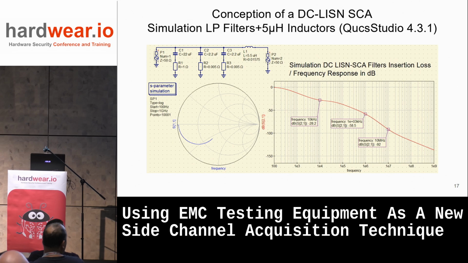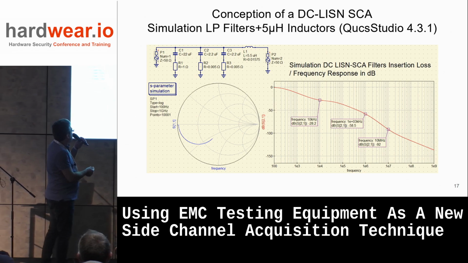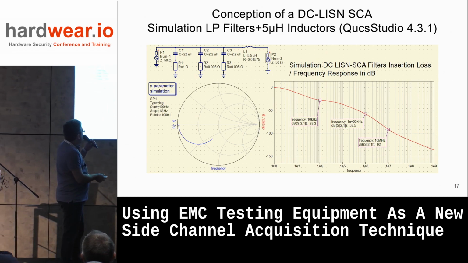We start at 0 because it's DC, so we want all the power to power the DUT, and then we want to filter at maximum all the frequencies which we don't want, any perturbation from the power supply. So we try to take this curve as low as possible with those filters.